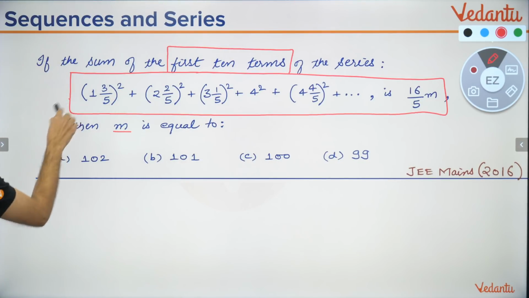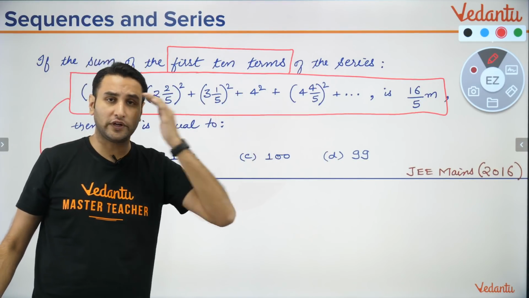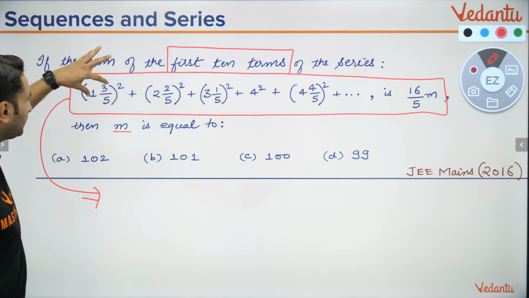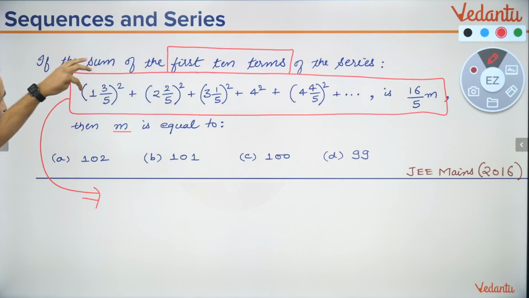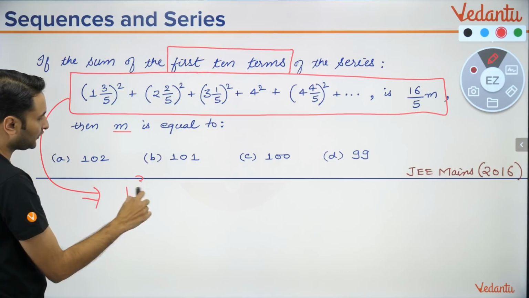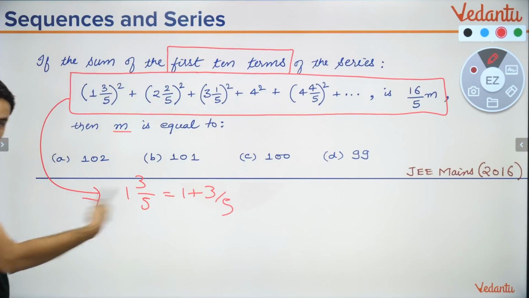First of all, it is unnecessarily written to intimidate you. आपको डराने के लिए लिखा है इसे. इसको पहले तो सिंप्लीफाई करके लिख लो. सबको पता है 1 3/5, 1 plus 3/5 कितना हो जाएगा? बचपन में पढ़ा था ना. All of you know this, right?